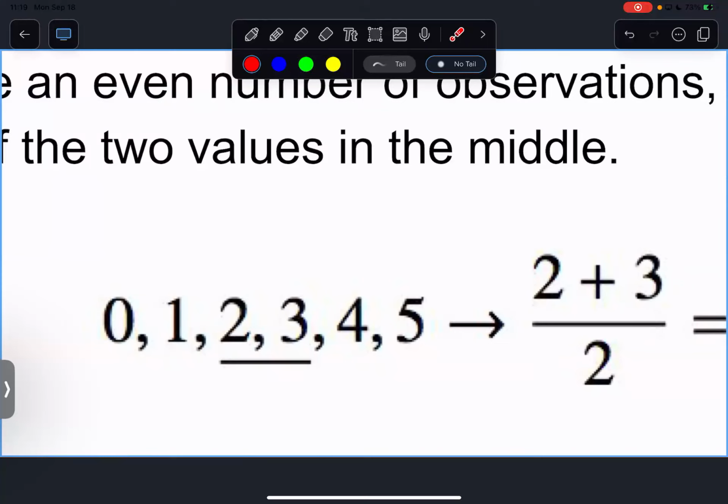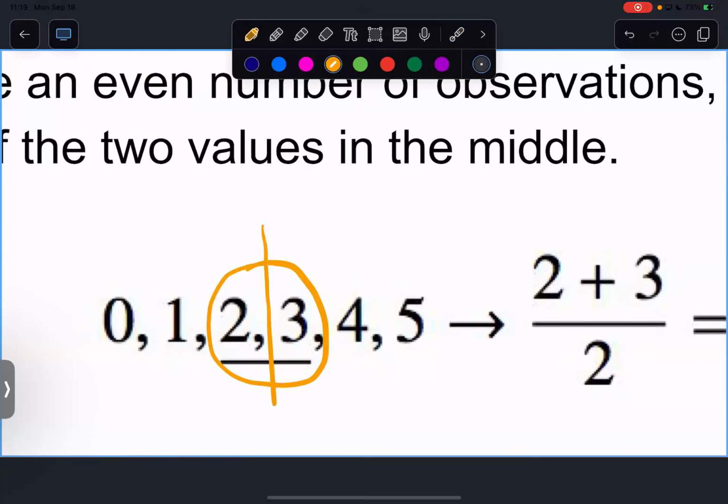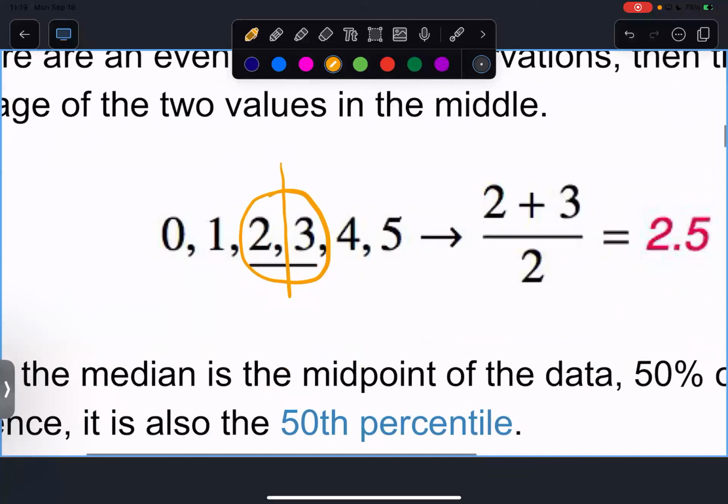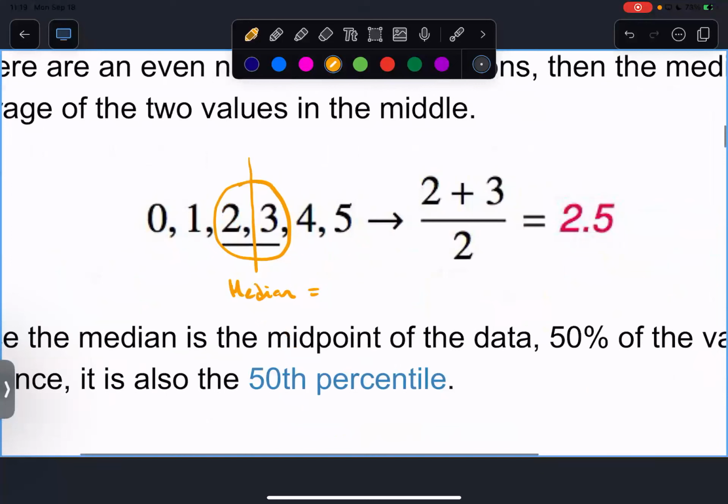So usually how we denote it, it's not a huge deal, but I like to circle them and draw a line through it just to show that the median is actually neither of those values. The median, this is where it gets a little bit wild, is the average of those two numbers, 2.5.